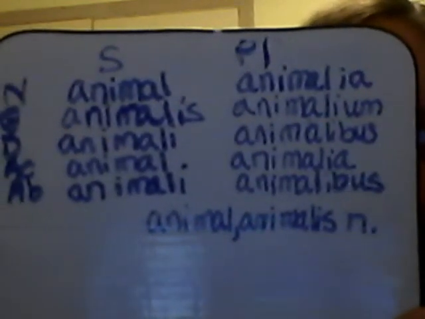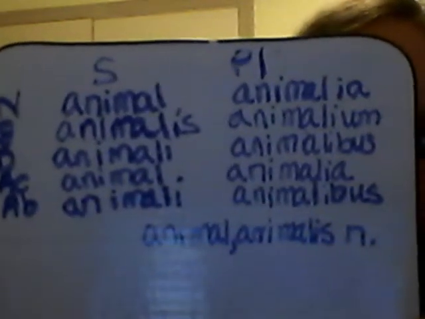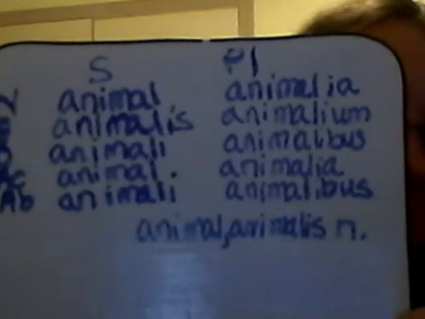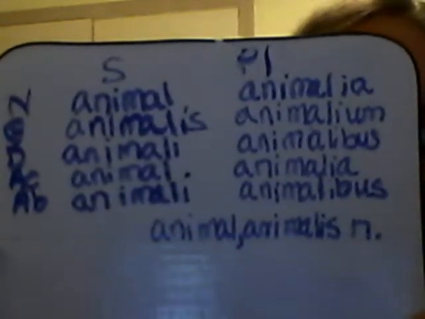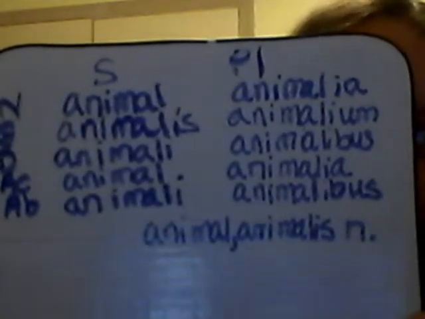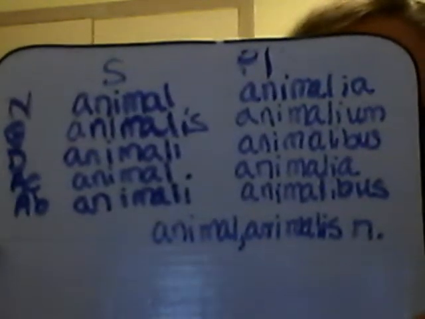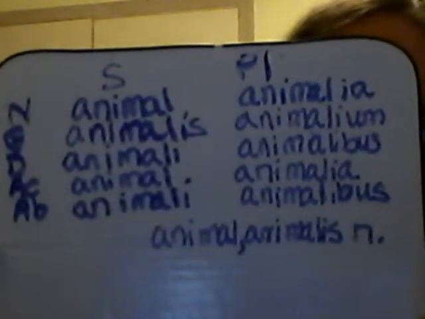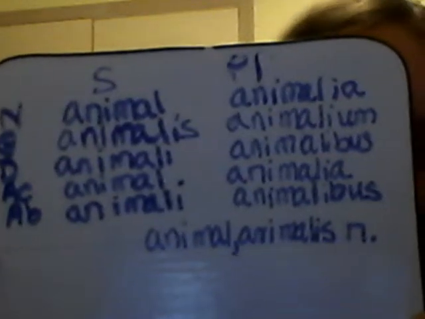In most third declension, it would be an E, but the I is picking up more in this I-stem. Okay, and the plural is animalia. You're picking up the I there too. And in the genitive, it's animalium. So you see the I. And animalibus, animalia, because it's the same as the nominative, and animalibus. So I'll hold that up for a second so you can have that. And that's the way you decline animal, animalis, neuter.